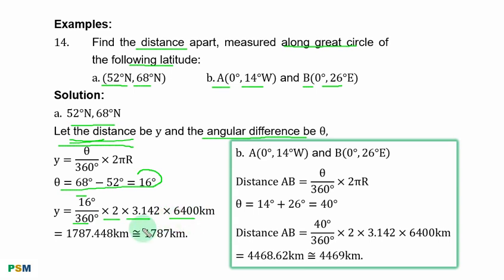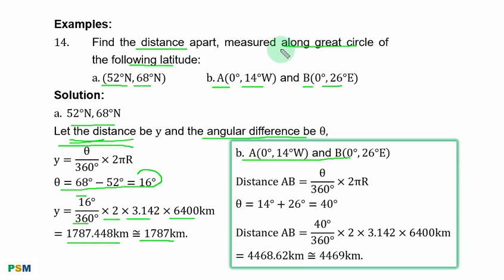When you simplify, you have this result. To the nearest whole number, the required distance is equal to 1,787 kilometers.